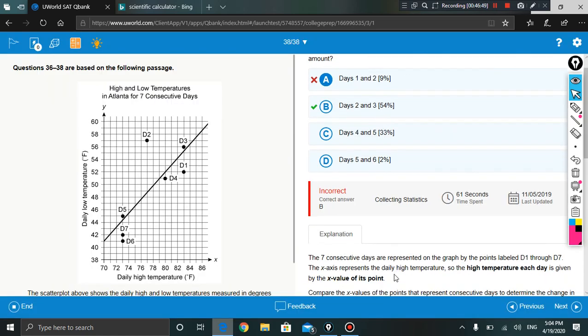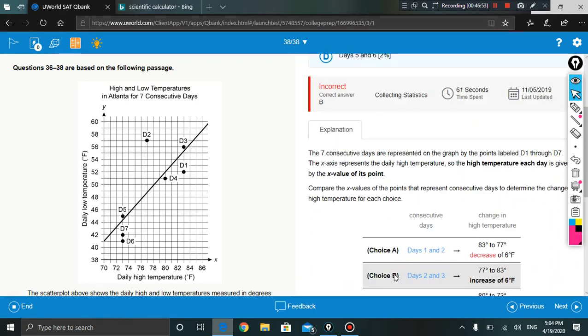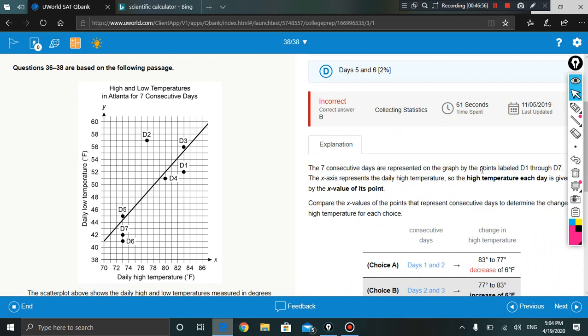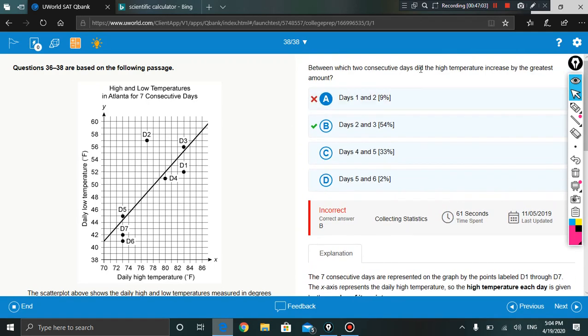What? Telling you what? Ah, damn it! I was looking at the low temperature. He was talking about the high temperature. Damn it!